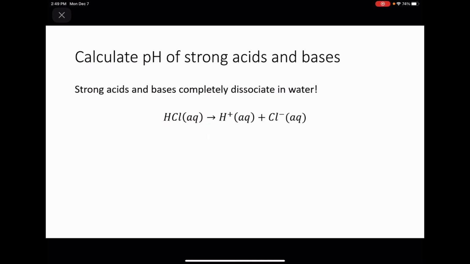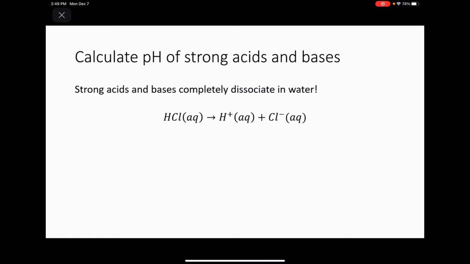Okay, so let's do some calculations with these. Let's take strong acids and strong bases, what we left off with in the last video. And remember, what makes them strong acids and strong bases is they completely dissociate in water. So here we have an example of hydrochloric acid. If we put it in water, it dissociates into H+, or that's the same thing as H3O+. Remember, we're going to use those terms interchangeably.